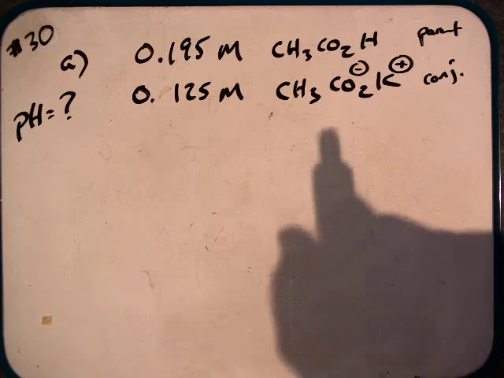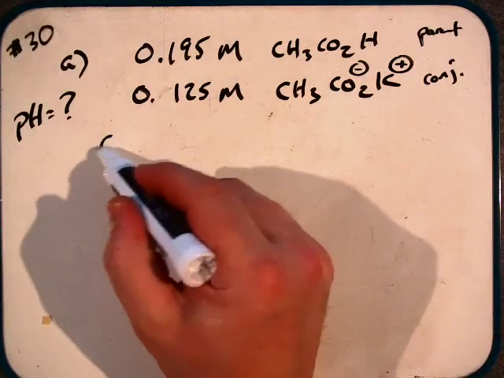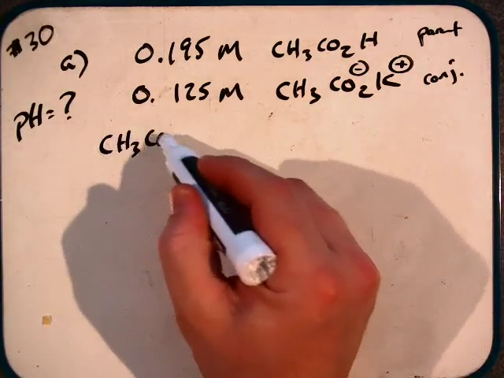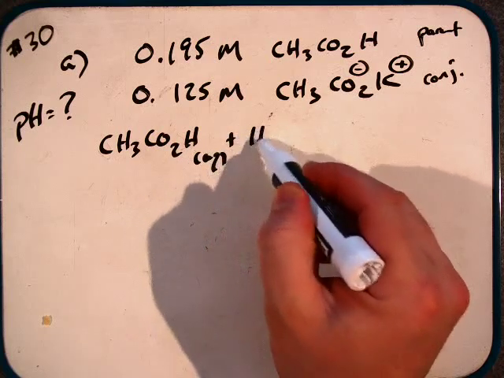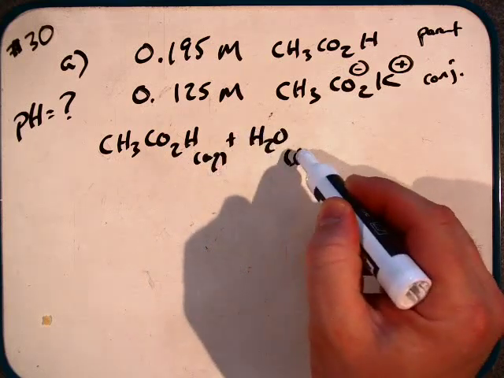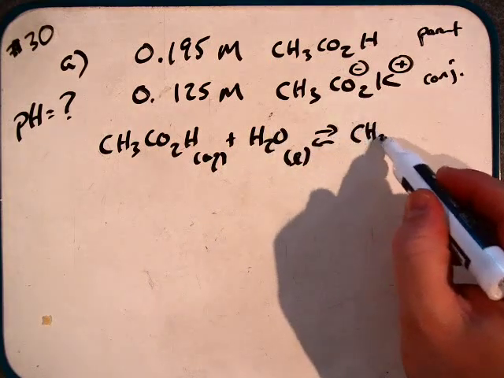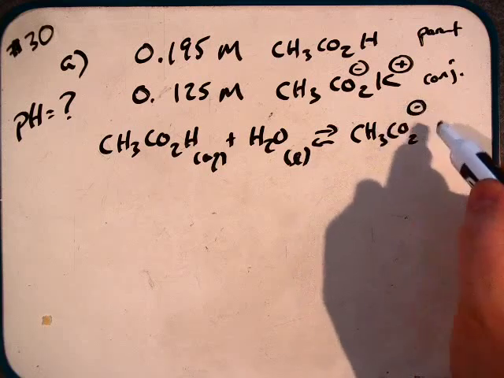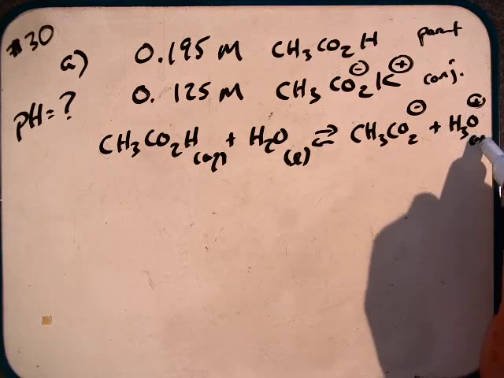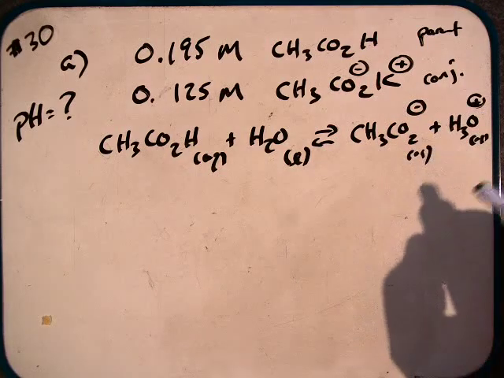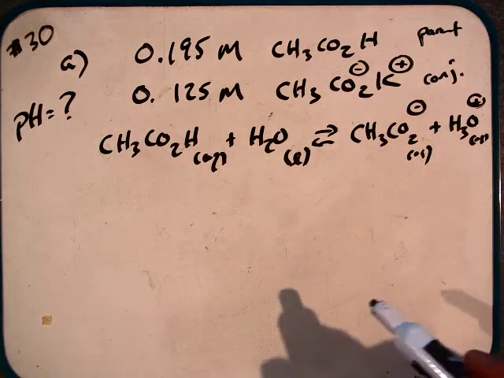Now the first thing to do is to write the buffer in terms of the parent. So that is our parent, and that's forming our conjugate and H3O+.